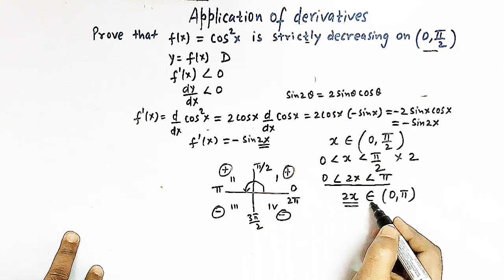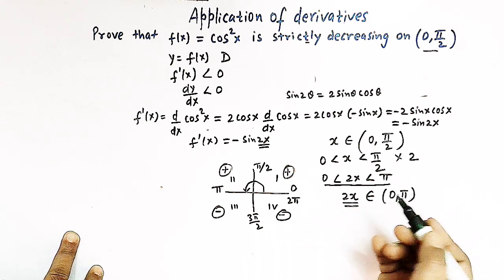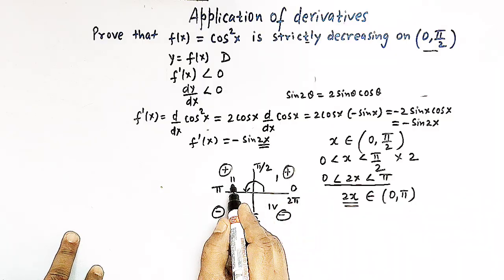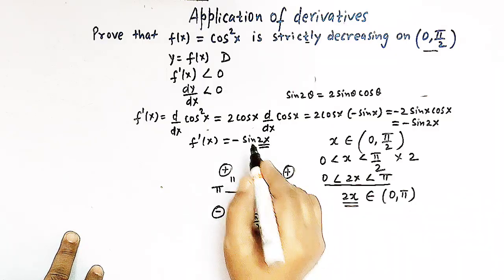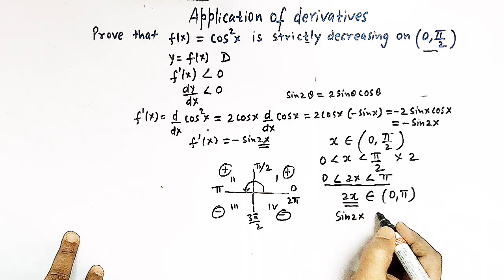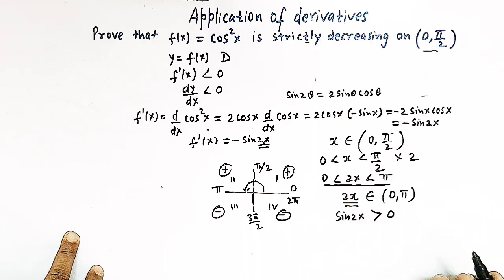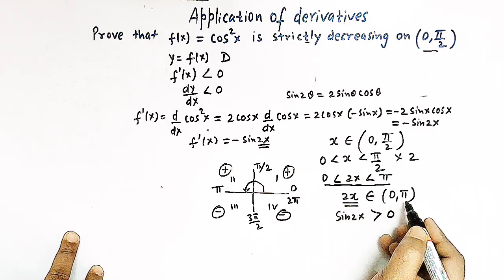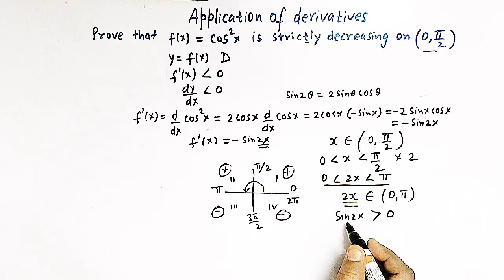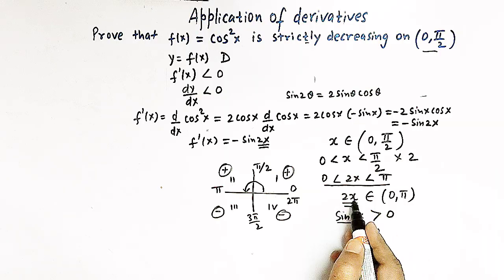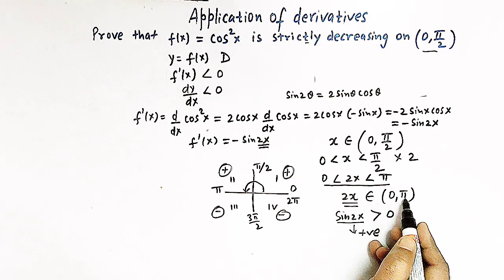So 2x belonging to 0 to pi implies that sine 2x is greater than 0, right? So sine 2x is positive for 2x belonging to 0 to pi.